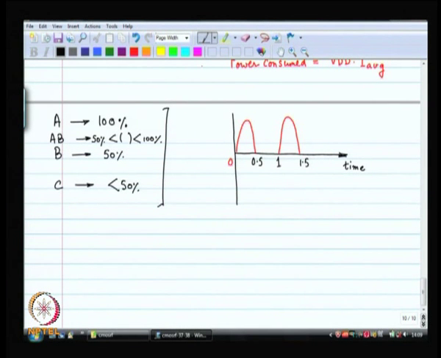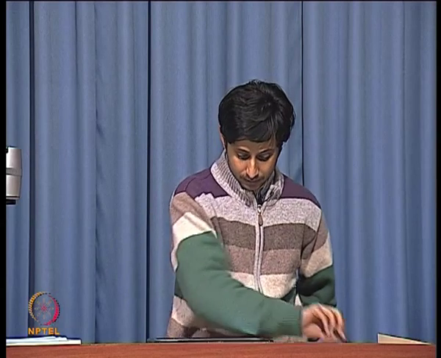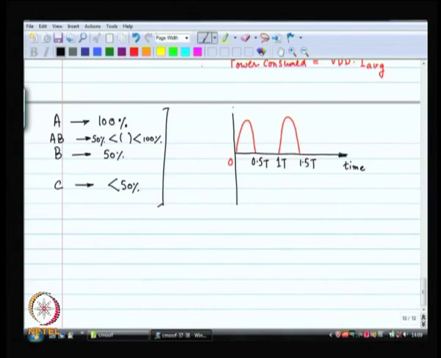All right, or if you want more general, 1.5 times the period. So, this is the graph of the drain current.